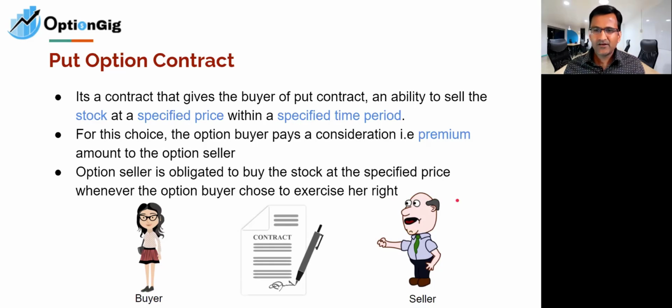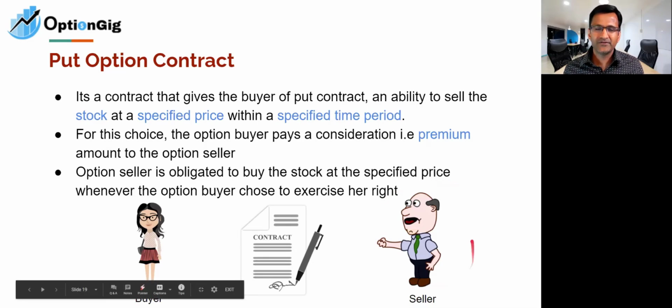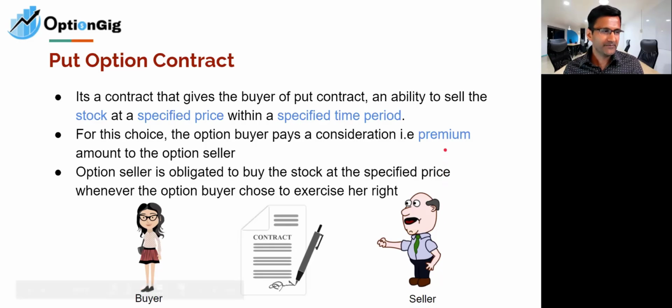Right? Matthew got a premium, and along with the premium, he is obligating himself that he will buy the house at $500,000 whenever Martha chooses to sell the house on or before the expiration date. So to enter into that obligation, because he's putting himself under obligation, he got money, he got a premium.